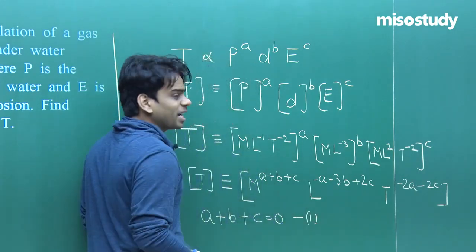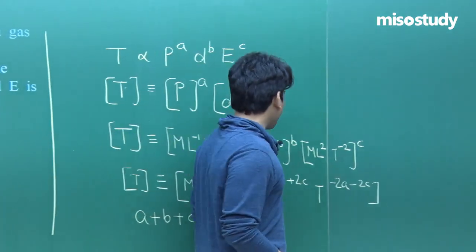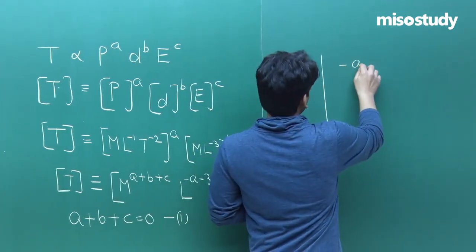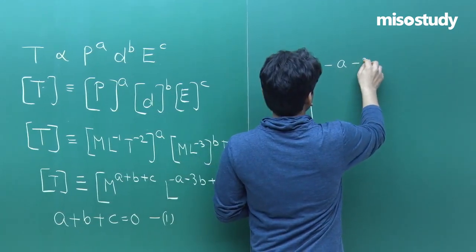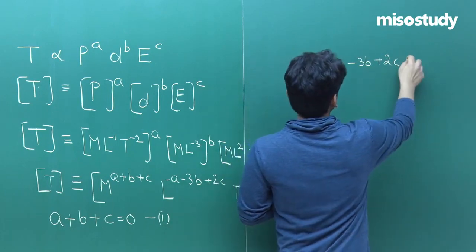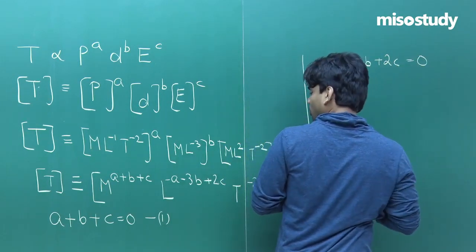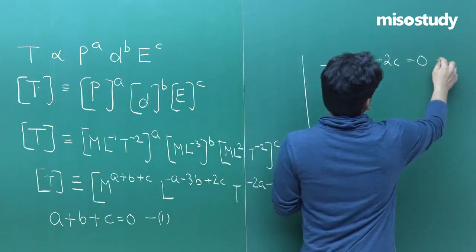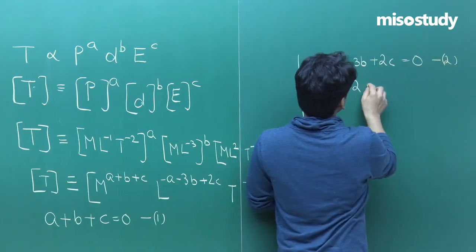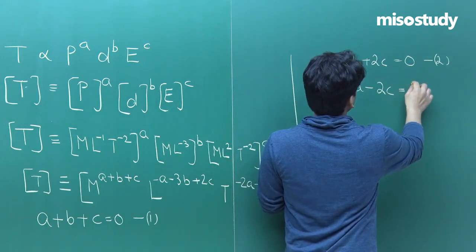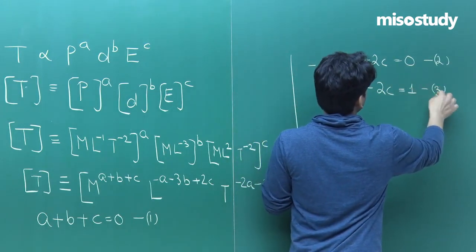The second equation: minus A minus 3B plus 2C is also equal to 0. And minus 2A minus 2C comes out to be 1, equation number 3.